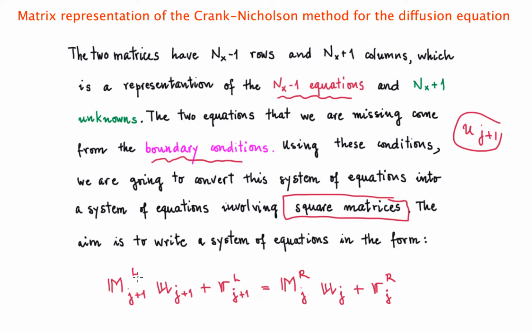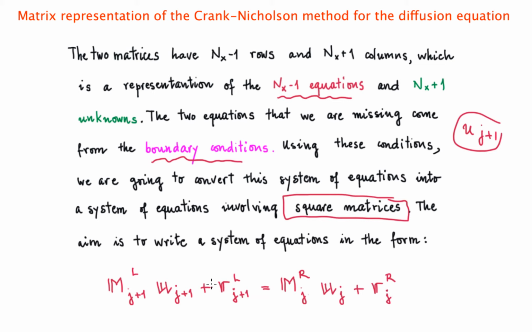This one multiplies the u vector evaluated at j plus 1, the other one multiplies the u vector evaluated at time j. Depending on the kind of boundary conditions, you can also have another column vector, one evaluated at j plus 1 and the other at time j.